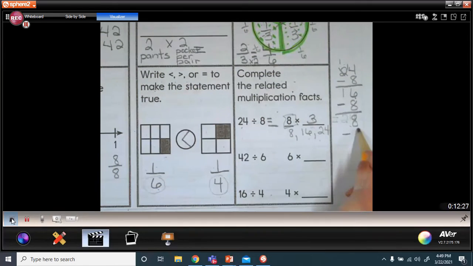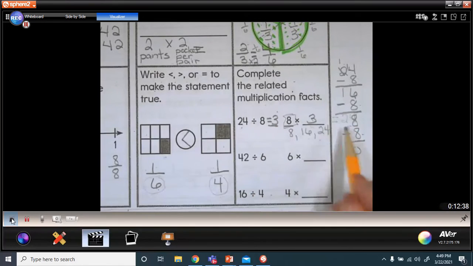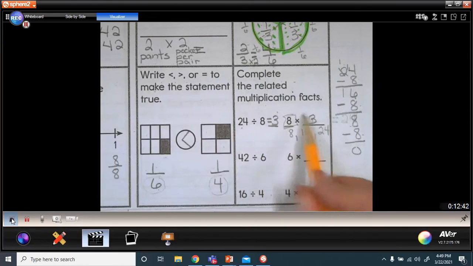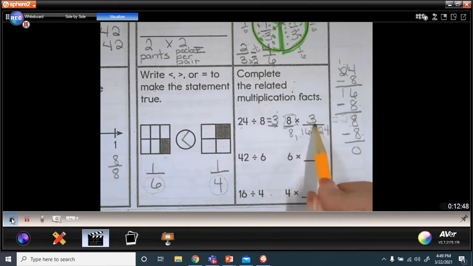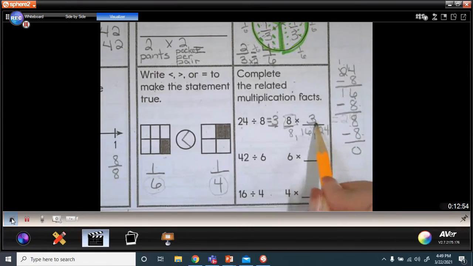And if I take 8 away from 8, that leaves me with 0. So I subtracted 8, 1, 2, 3 times. So again, as long as I'm using my understanding of multiplication with my division, I can get my missing quotient to find my missing factor, because our quotient is a missing factor in multiplication.